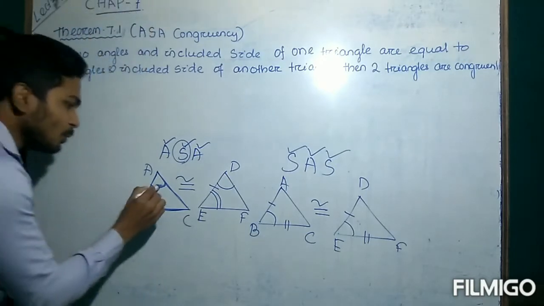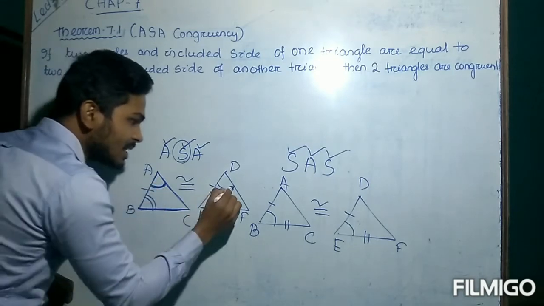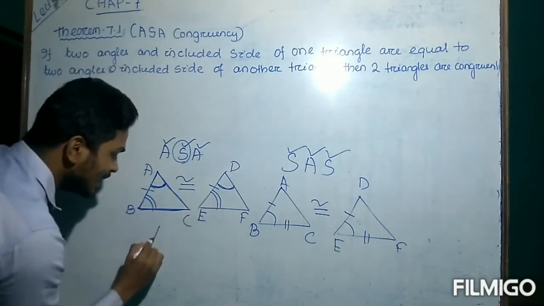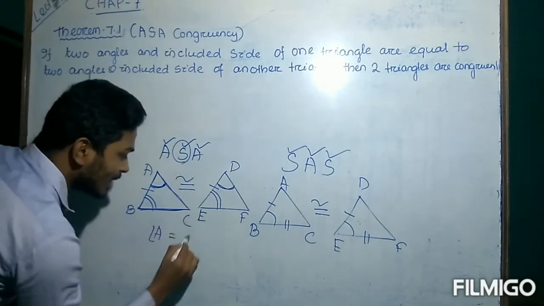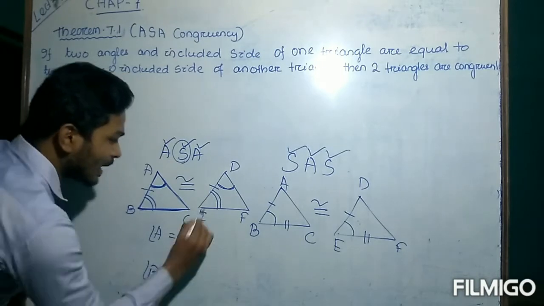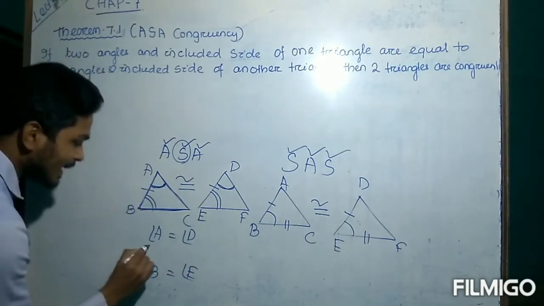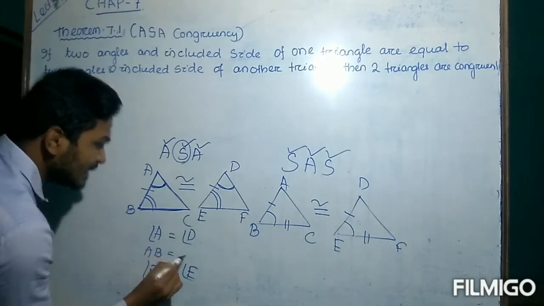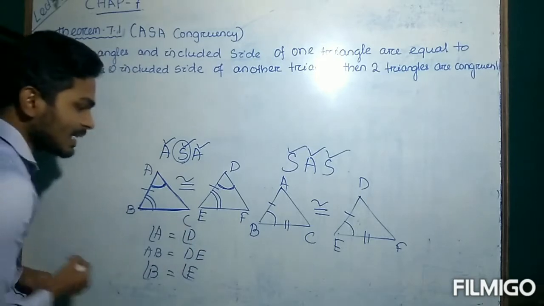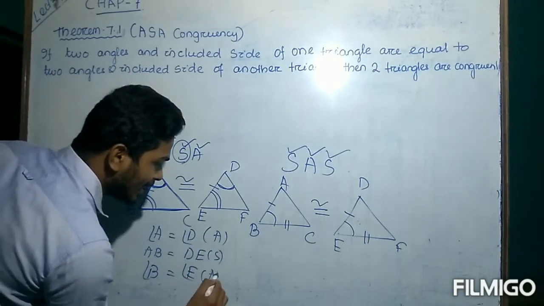So if angle A is equal to angle D, angle B is equal to angle E, and the included side AB is equal to the included side DE, this is angle, this is side, and this is angle.